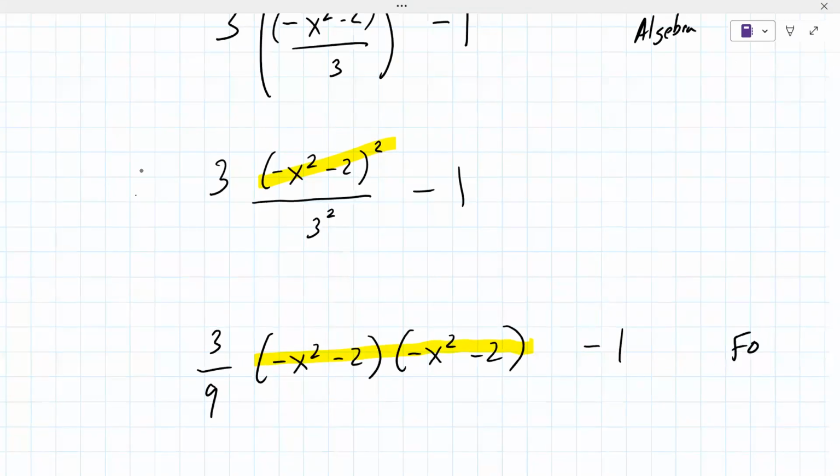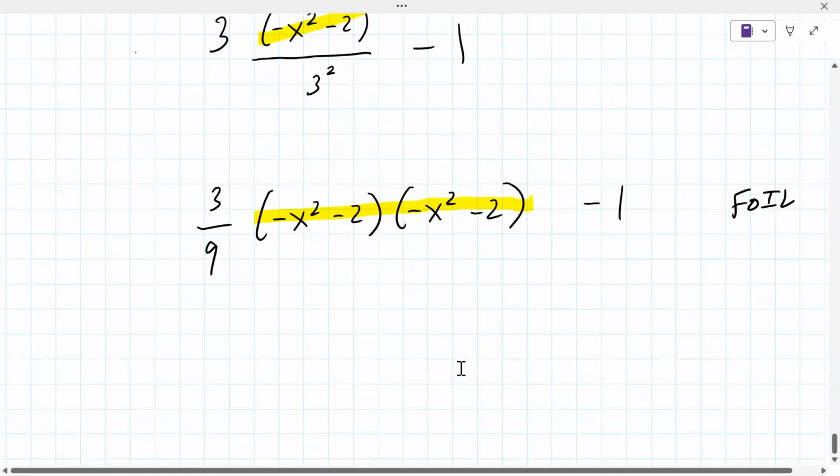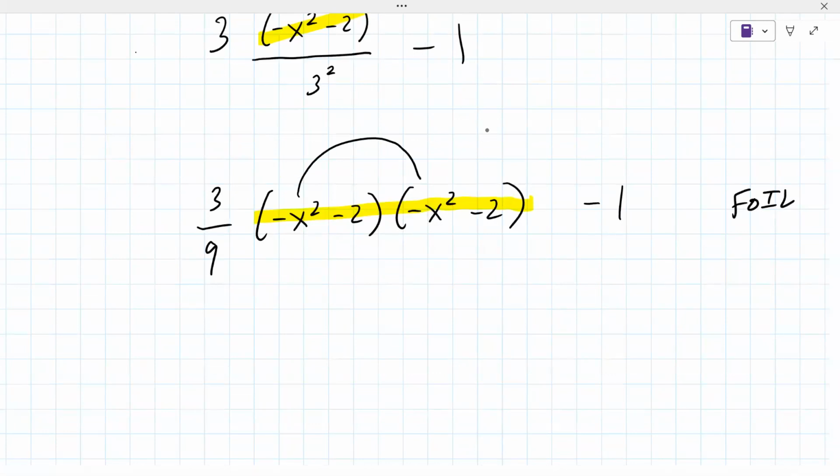The next thing here is to FOIL. So first times the first, outside ones, inside ones, last ones. So minus x squared times minus x squared, the F there, sometimes people call this the rainbow, becomes positive x to the fourth.